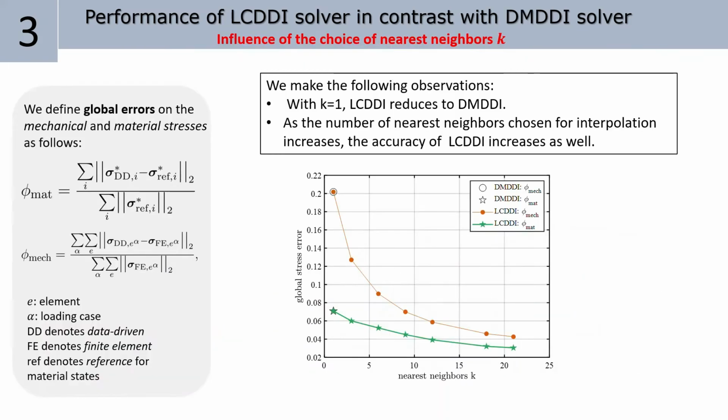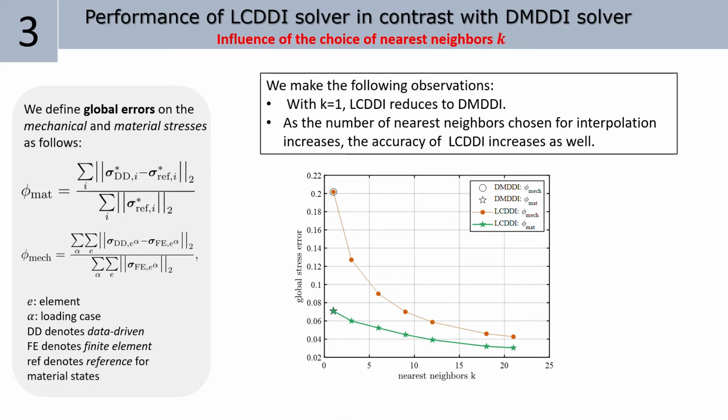Finally, we studied the influence of the number of nearest material neighbors used for interpolation on the final results. And for that, we define global errors on the mechanical and material stresses as shown on the left. And by looking at the error plot, we can make two main observations.